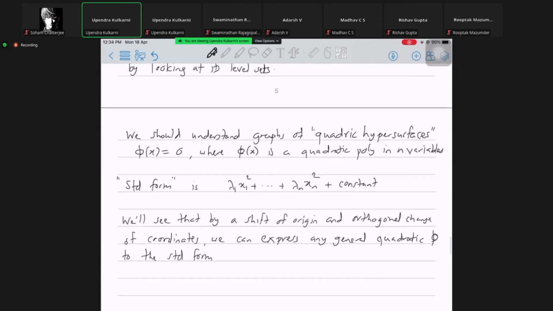Okay. So first we will do the easy part, which is the shift of the origin. Let's work backwards. If I do a shift of origin, and you have seen this in school, if I have a graph, let's say y equals f of x, and I put x minus 2 for x in that graph, what happens to the graph?